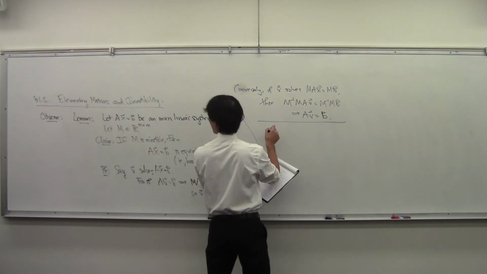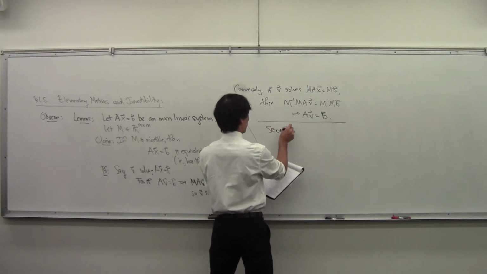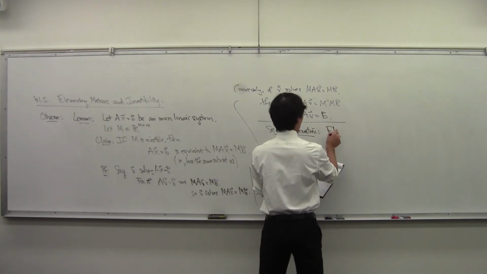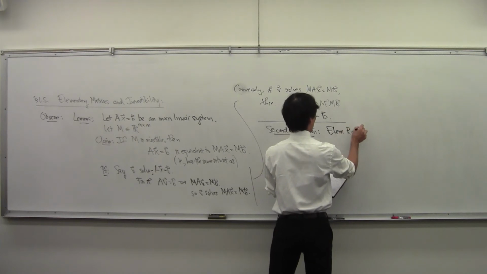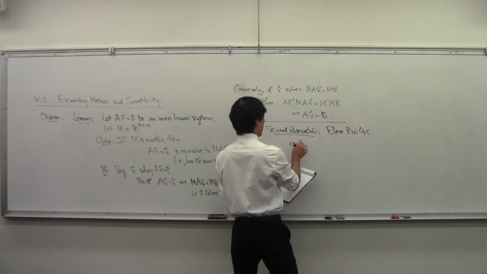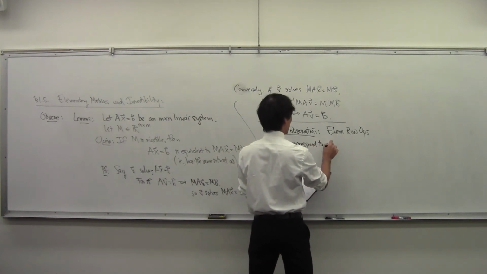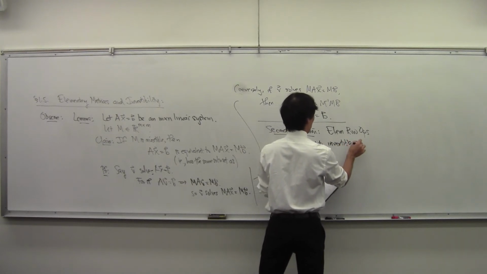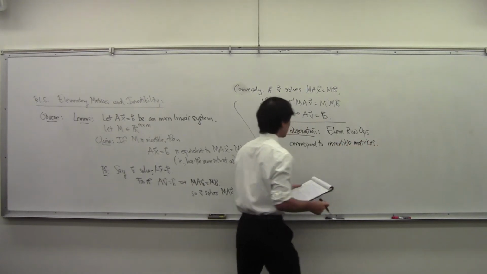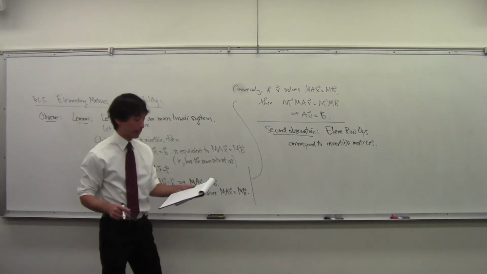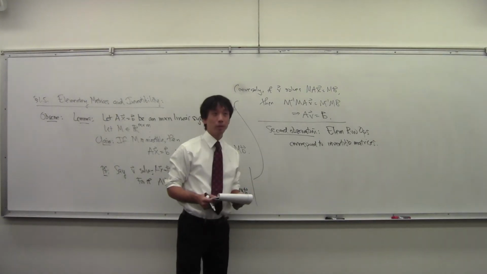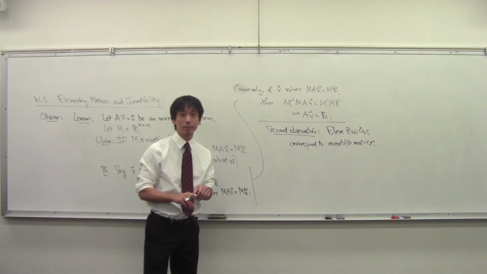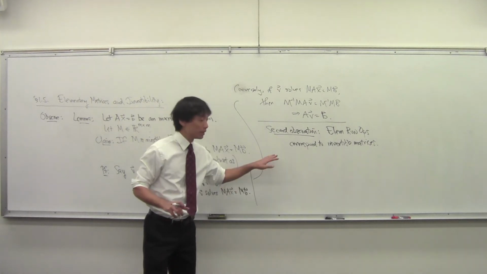Okay. So second observation. Elementary row operations correspond to invertible matrices. Okay, so I'm going to say this in English.